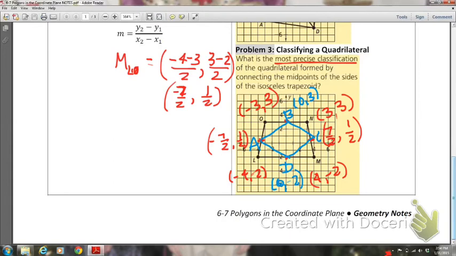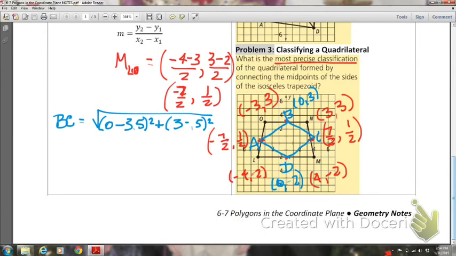So between B and C, let's look at the length using the distance formula. Between B and C, we have (0 minus 3.5) squared, that's the difference between your x values squared, plus the difference between your y values squared, which is (3 minus a half) squared.